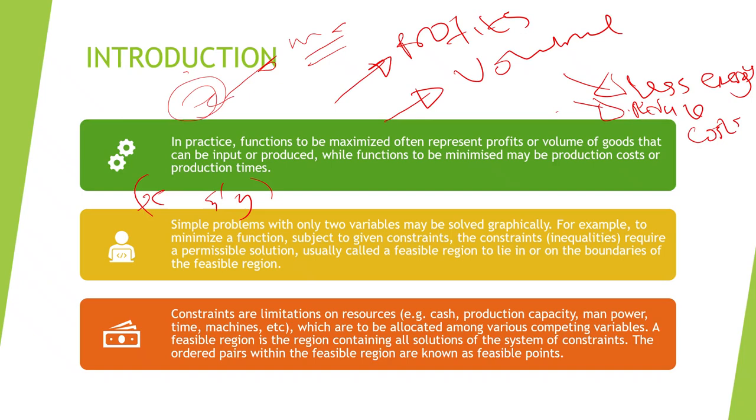So for you to minimize a function subject to a given constraint, that is inequalities, you require a permissible or allowable solution, usually called a feasible region, to lie in or on the boundaries of that feasible region.